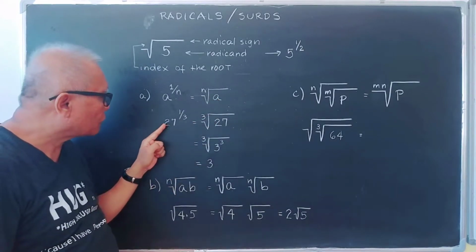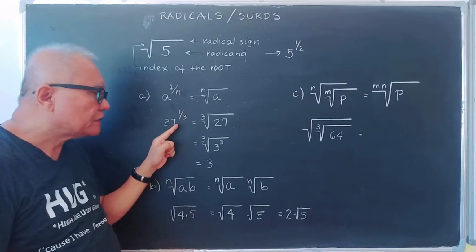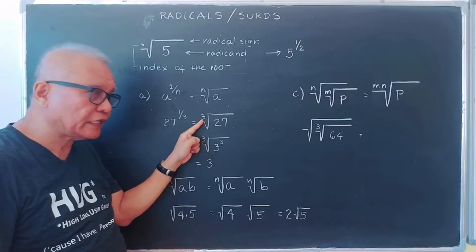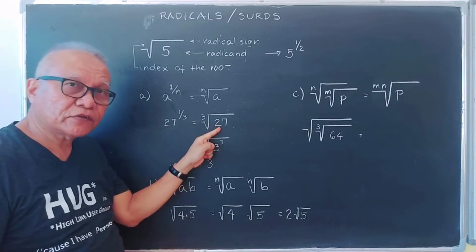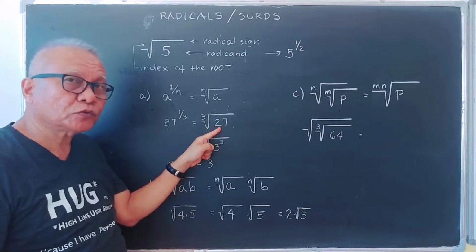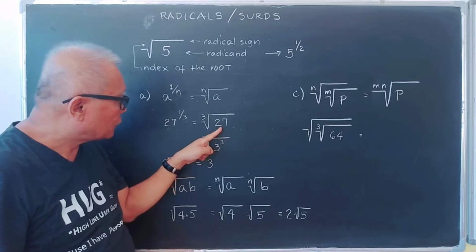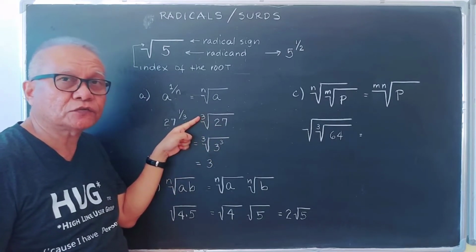So for example, we have 27 raised to the 1/3. When you write this one in radical form, we have the 3 as the index of the root of 27, and this is now the cube root of 27. If you do not write the 3 here, it will become the square root of 27.